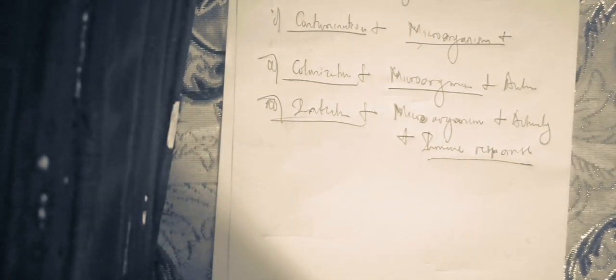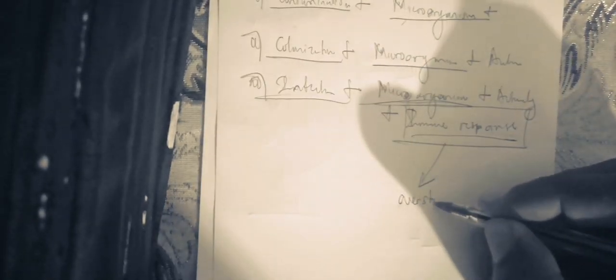Now you need to know that the major problem of infection is not actually the presence of the microorganism, but the immune response. The immune response to an infection can be either overstimulated or understimulated.